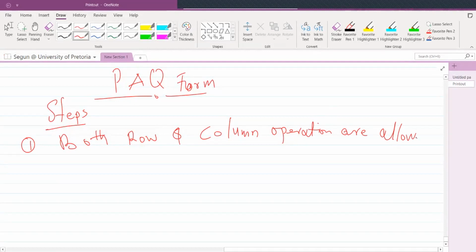Remember, on the row echelon, we only use row alone. But in this case now, we will employ both the row and the column.